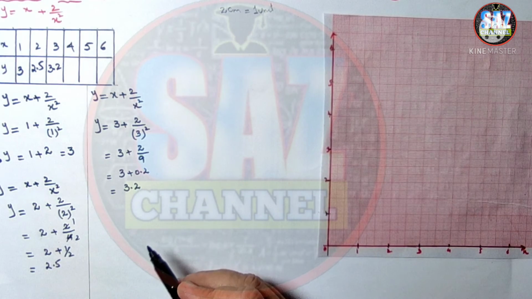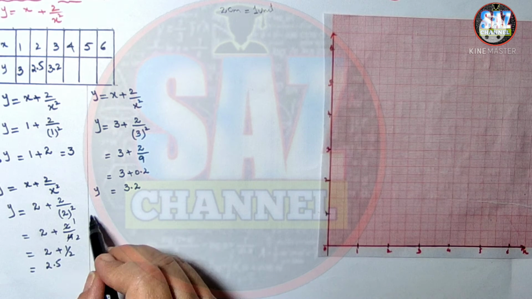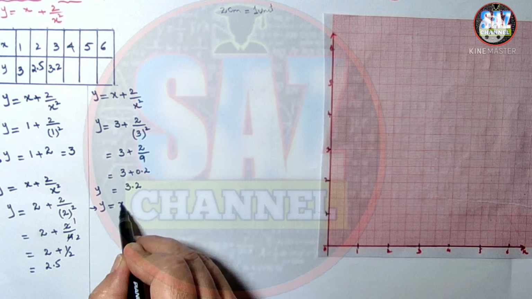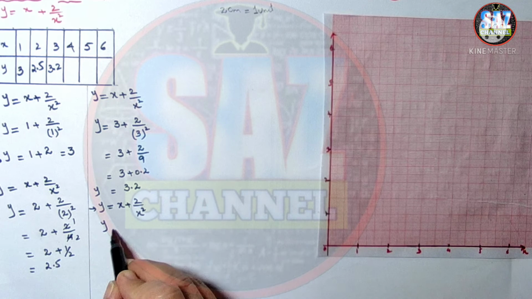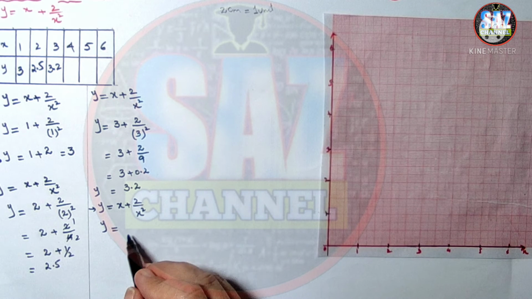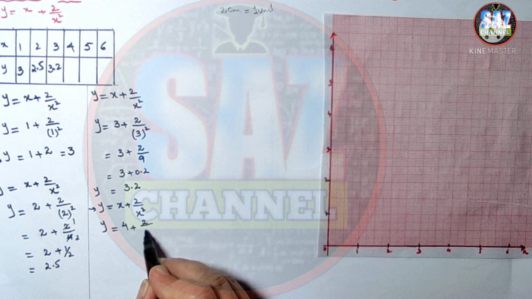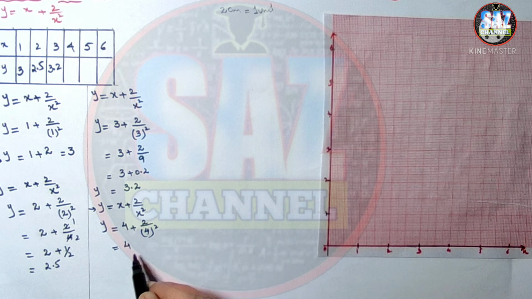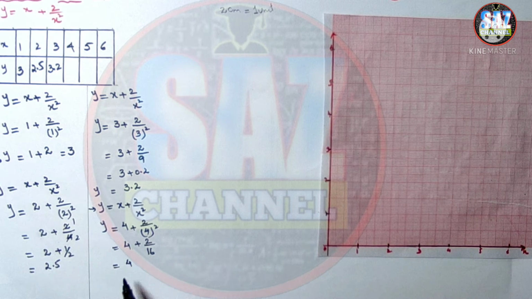This is my next value of y. Next again y equals x plus 2 over x square, and we replace x by 4, so my equation will take the form 4 plus 2 by 4 square, and 4 square is 16, so 4 plus 2 by 16, which is 1 by 8.